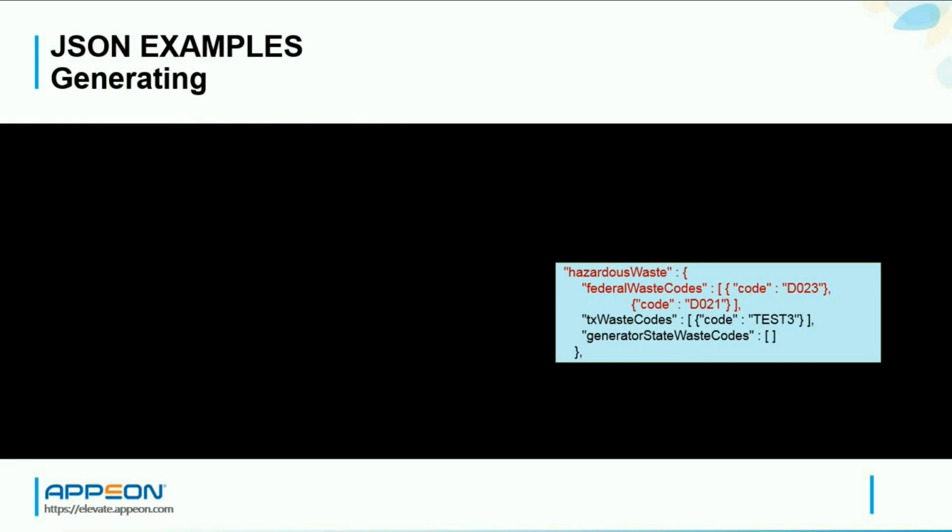So now let's take a look at some examples of how we generate JSON. This is a part of the message. It's a JSON object, and it deals with a named object called hazardous waste that has sub-objects, and the first object is going to be a named array of federal waste codes.